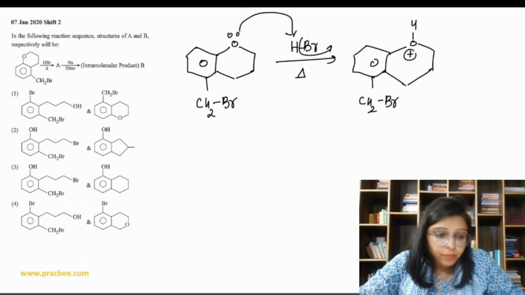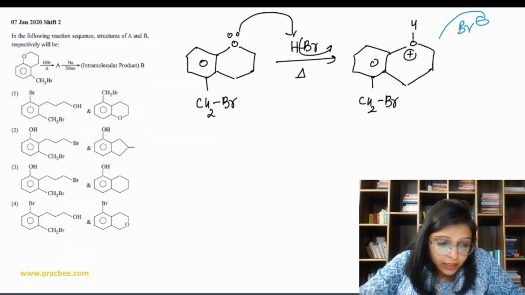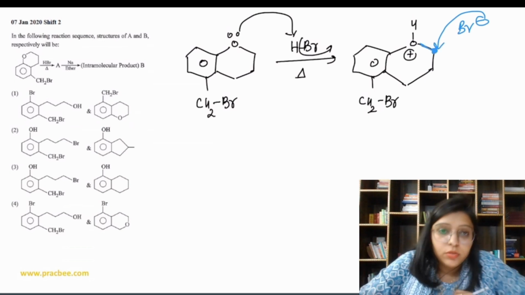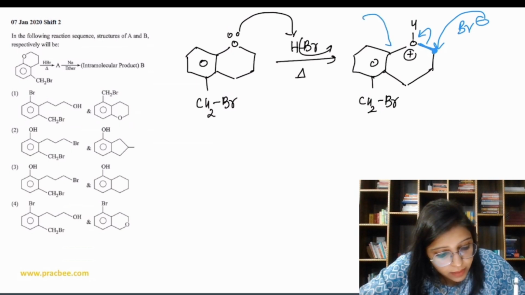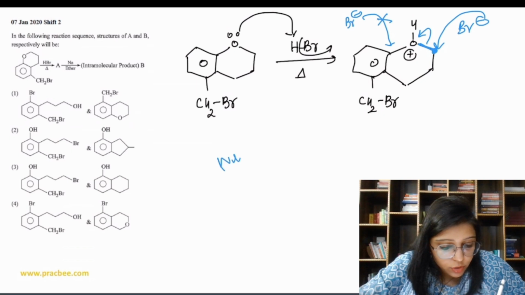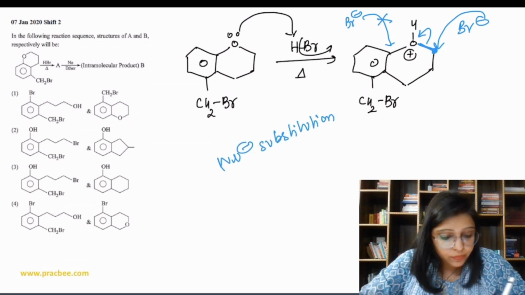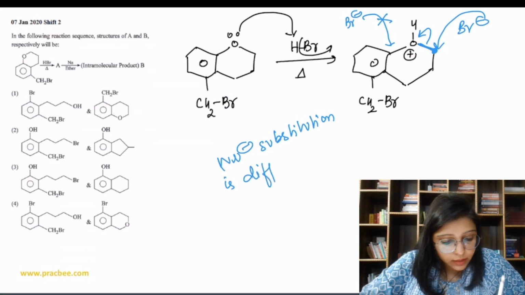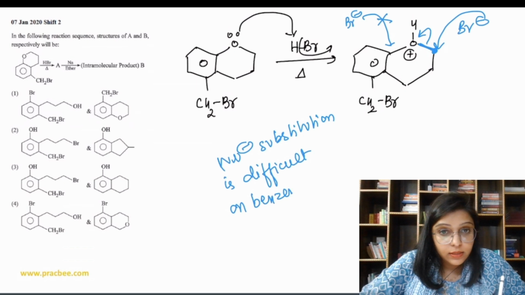Now Br minus attacks this carbon and the electrons of this bond shift to oxygen. Why? Because Br minus cannot attack over here. Nucleophilic substitution is difficult on the benzene ring. Okay?